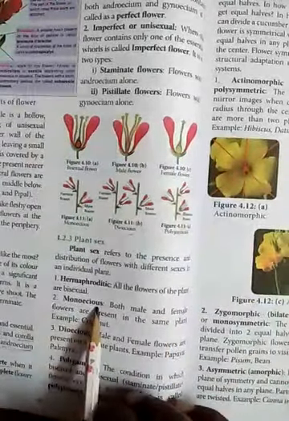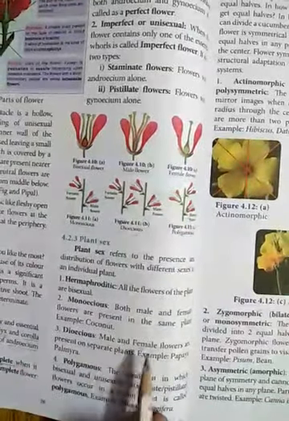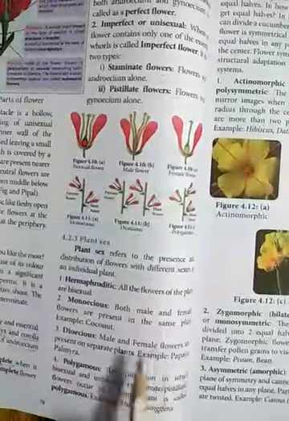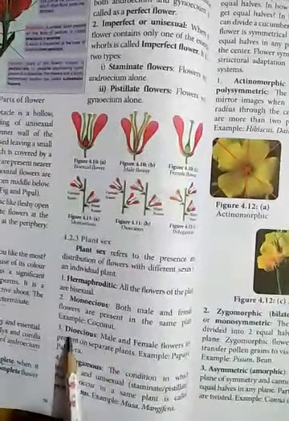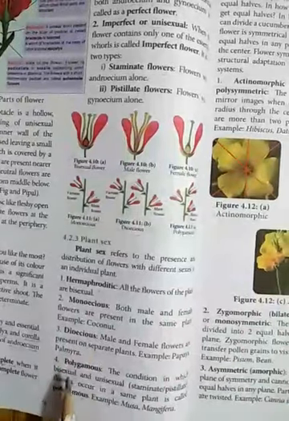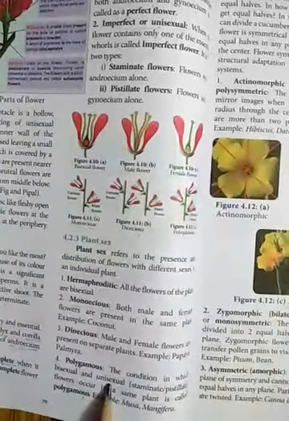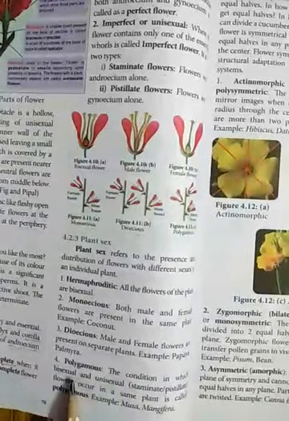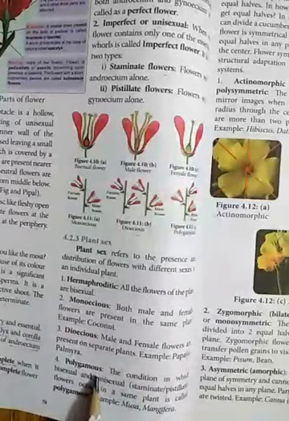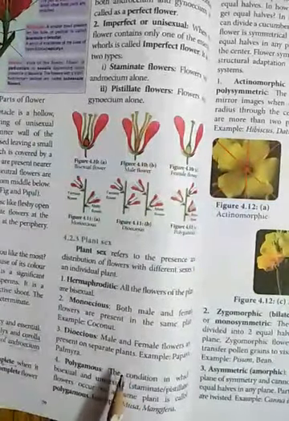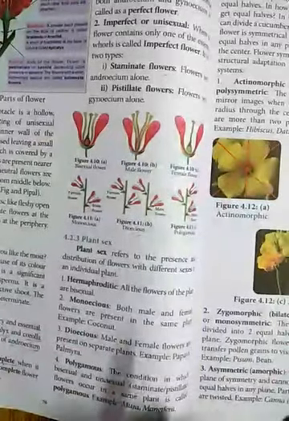Dioecious, male flower is present in one plant, female flower is present in another plant, that is male and female flowers are present in separate plants. Polygamous, when bisexual and unisexual flowers are present in the same plant, that is, the bisexual flower, male flower and female flower are present in the same plant, then it is called polygamous.